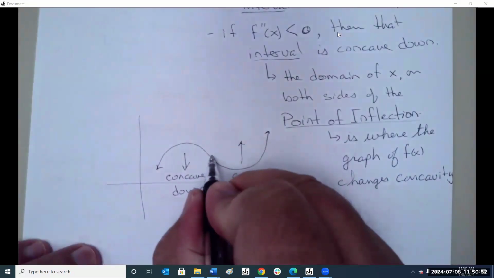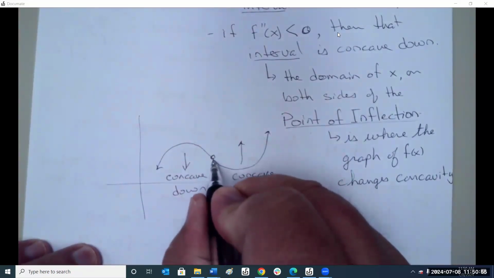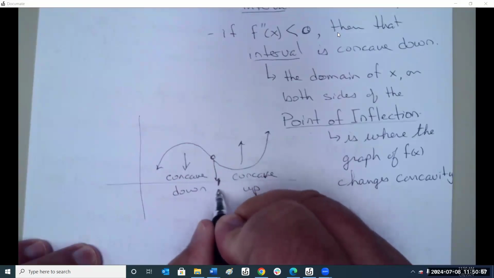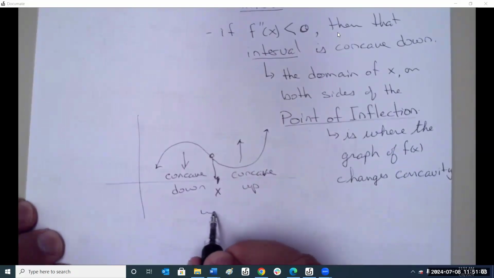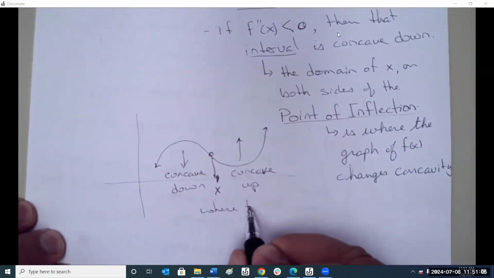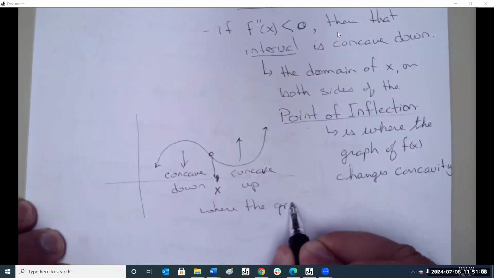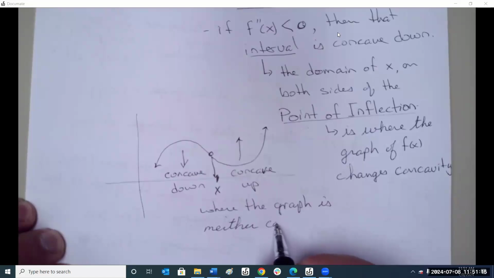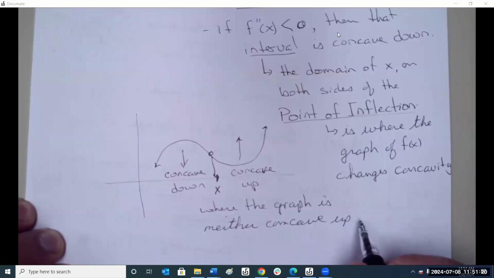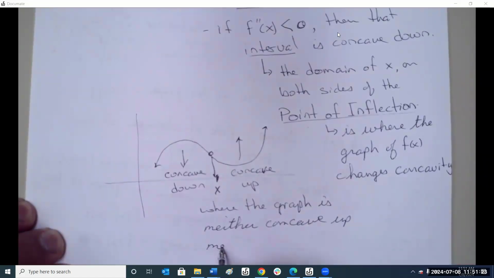So there has to be a point x where the graph is neither concave up nor concave down.